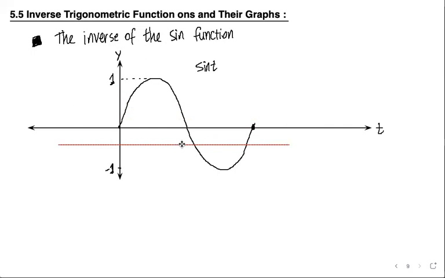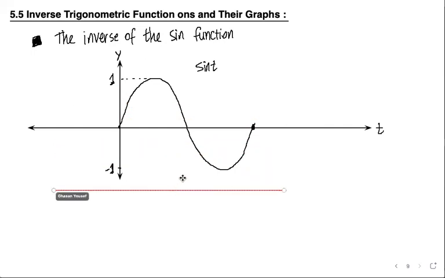So how can I find the inverse for the function if it's not 1 to 1? The function is not 1 to 1, so I can't find the inverse.